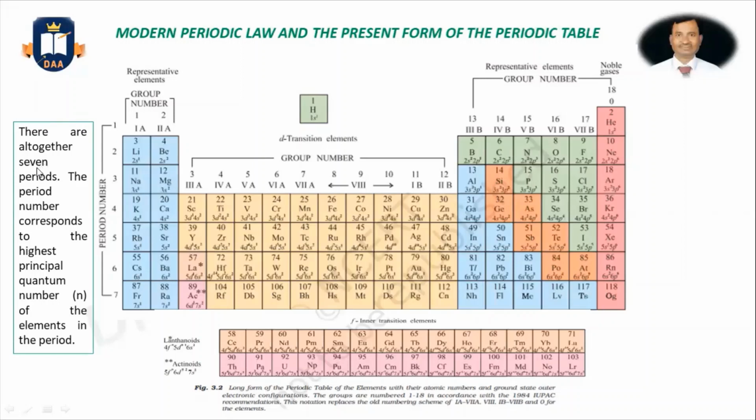The period number corresponds to the highest principal quantum number n of the elements in that period.